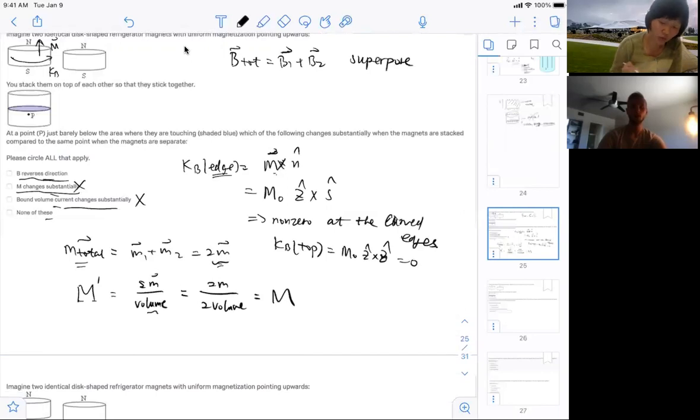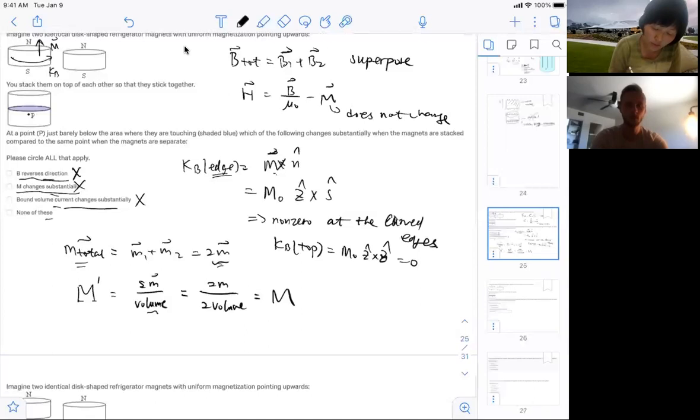So this one is also wrong. And M doesn't change. H is B over mu naught minus M. So for the H field, M doesn't change, B is superposed, so B is stronger. So the H field is also stronger.